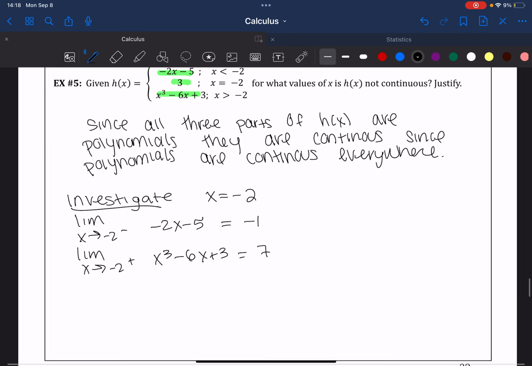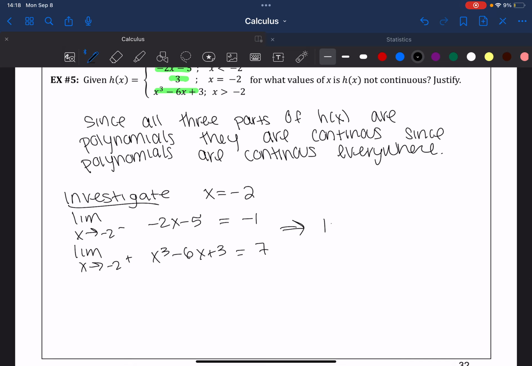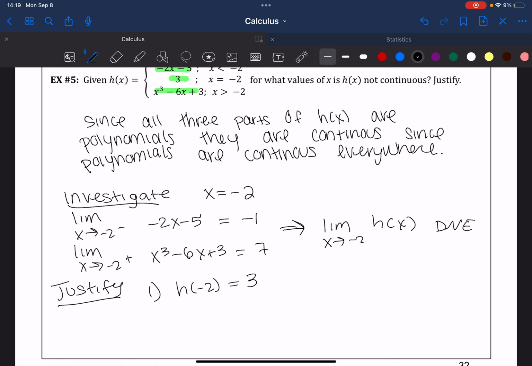So this implies that the limit as x approaches negative 2 of h of x does not exist. If we were to justify using our definition, first we have to check h of negative 2. Well, h of negative 2 based on the piecewise function is 3. Then we have to check if the limit exists.